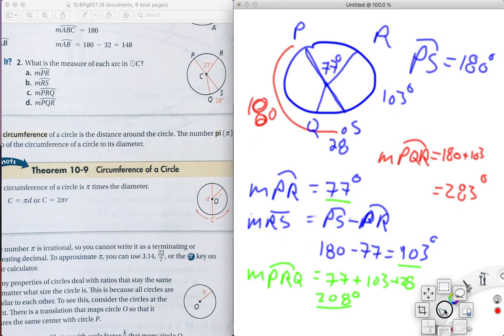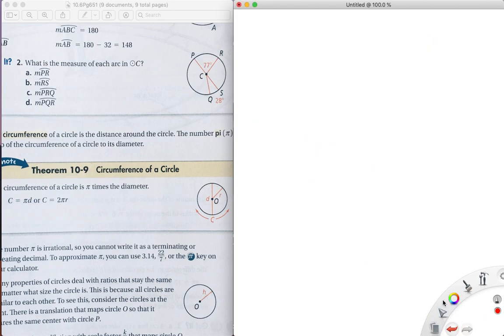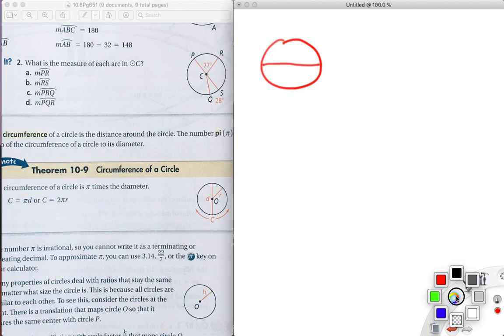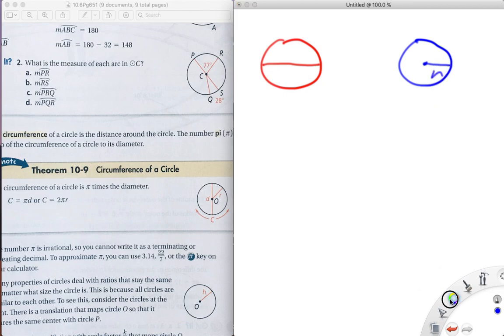Okay. We have a circle. We have a line that cuts it completely in half. We have another line coming from the center and out. We know that this is the radius. We know that this is the diameter.